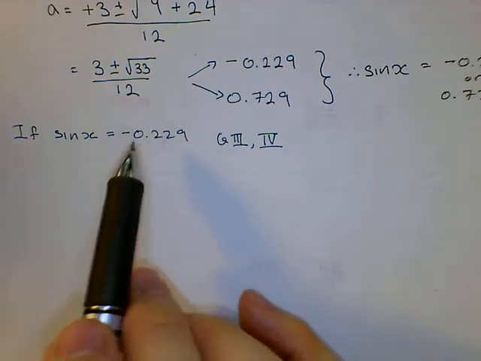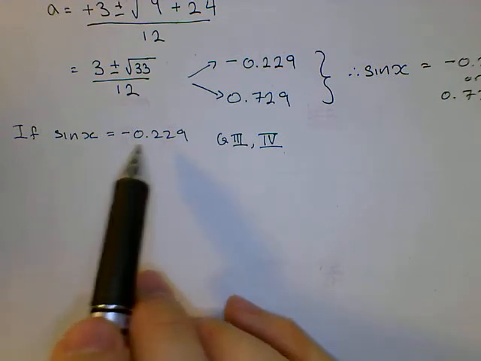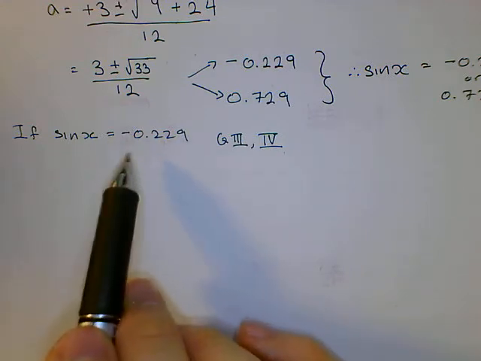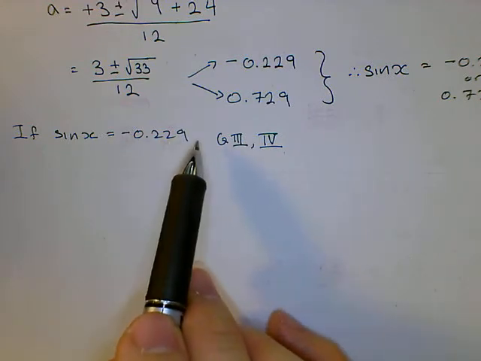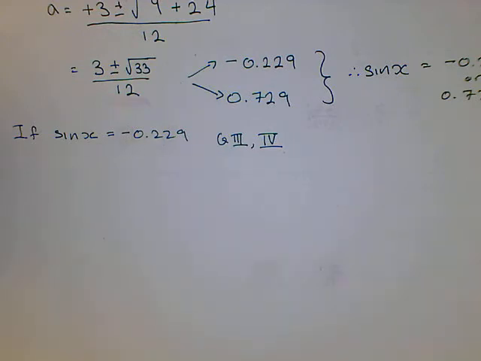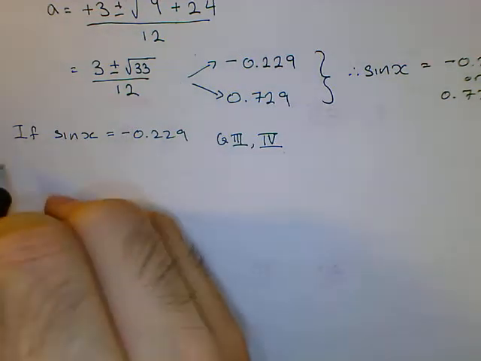It tells me another piece of information: if this was positive 0.229, I can find my acute related angle.